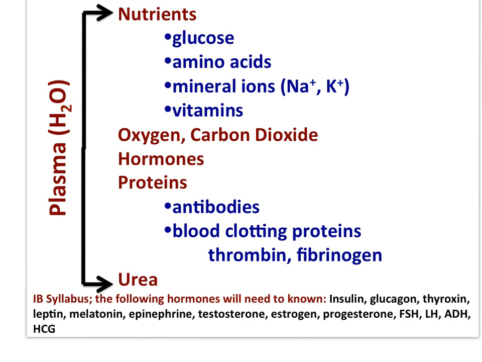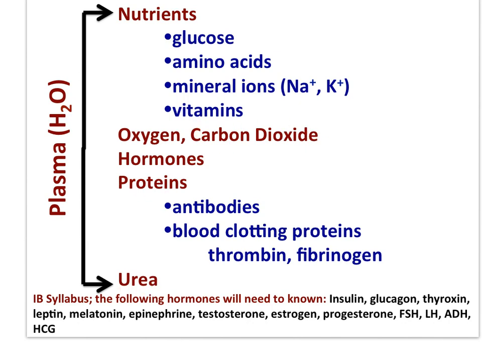The R groups of proteins allow certain proteins to be more soluble than others. Dissolved within the plasma are numerous substances, and none of these substances should surprise you by their presence. Glucose, amino acids, both very soluble in plasma. Oxygen, carbon dioxide, a little less soluble. Hormones, blood proteins, and urea.